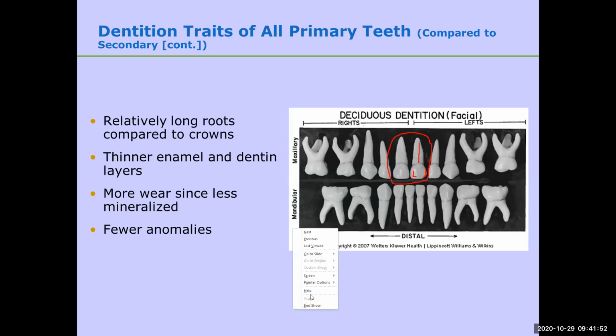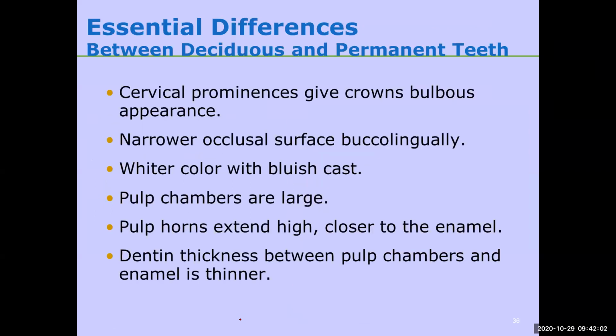Remember on the maxillary anteriors, the central incisors are almost equal, very large crown compared to the length of the root. So these deciduous teeth have these cervical prominences that give the crowns the bulbous, curvy appearance.